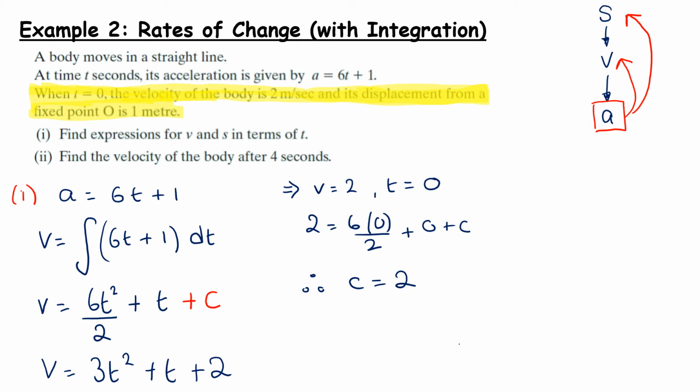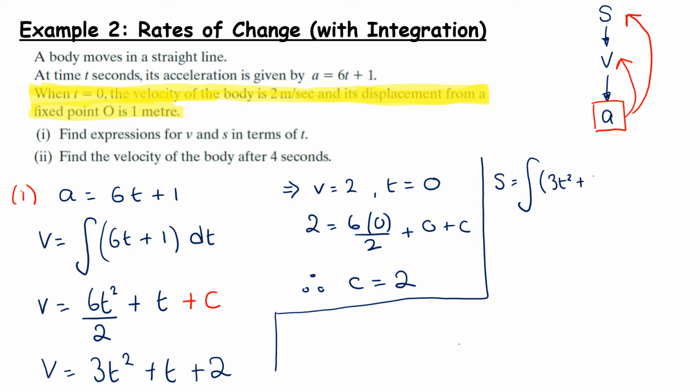Now let's get an expression for s. I'm going to work s over here. So s is where we integrate v, so this is the integral of 3t squared plus t plus 2 with respect to time.